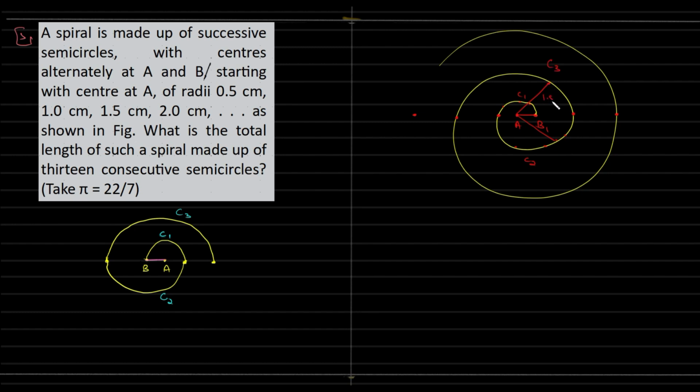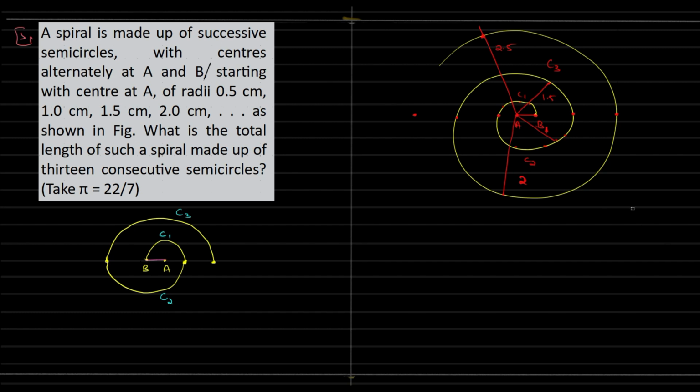This is 1.5. And the fourth one is somewhere over there. That is 2. And the next one is 2.5. Right? So that's how the semicircles are.